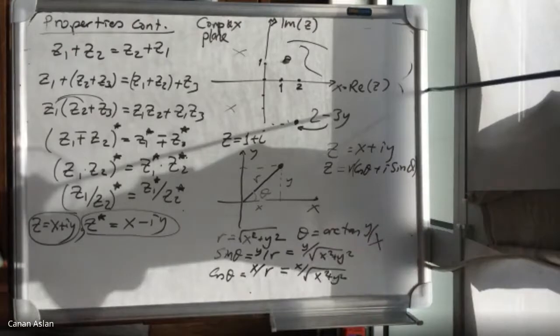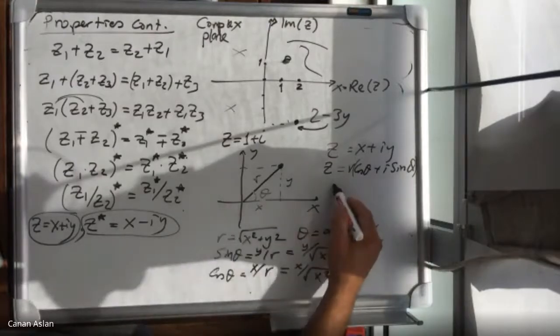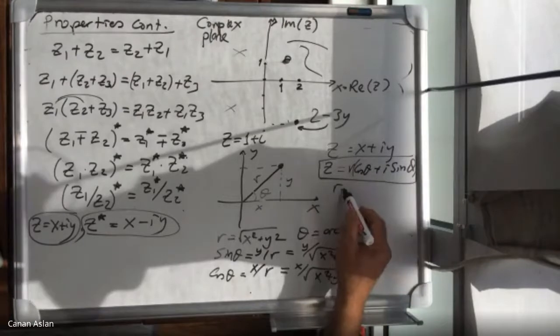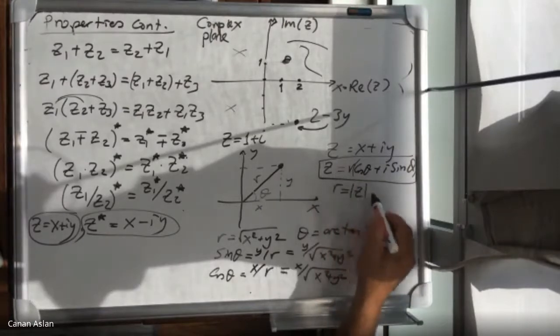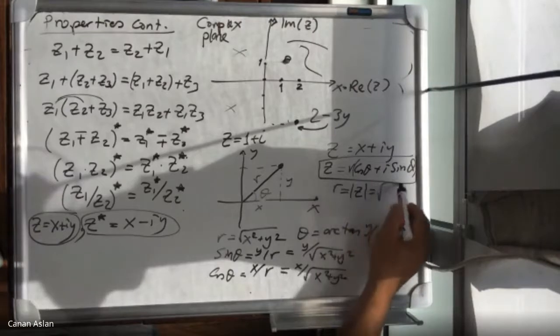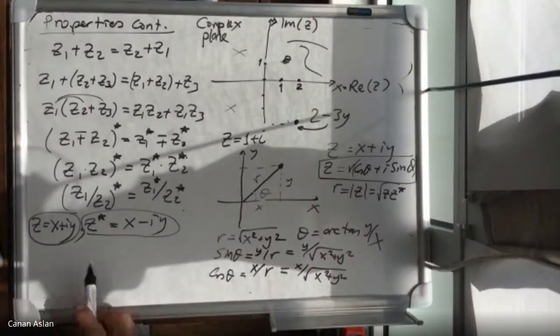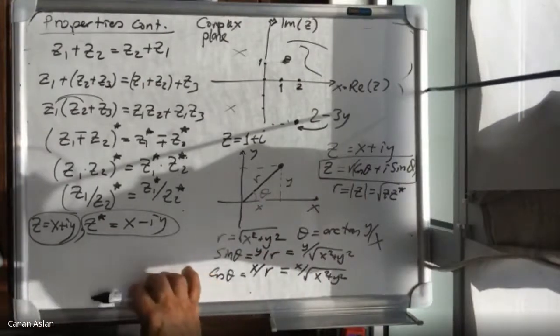So this is just z as a function of angles. Okay, but r also, this is very important, so we will use this often. And then r is nothing but the magnitude of z, which is just the square root of z times z star. So these are the geometrical properties of the complex numbers.